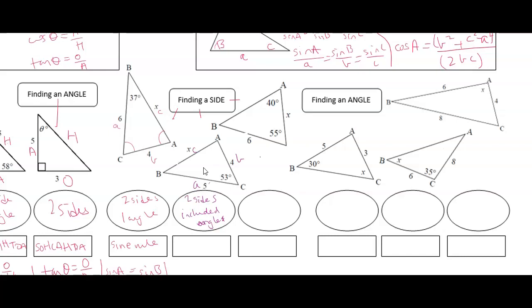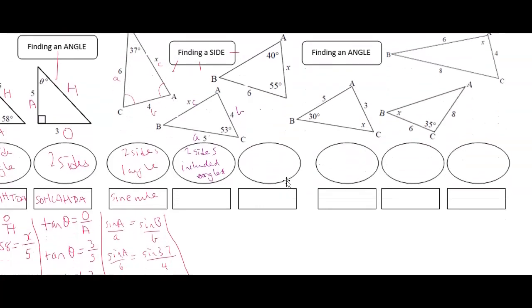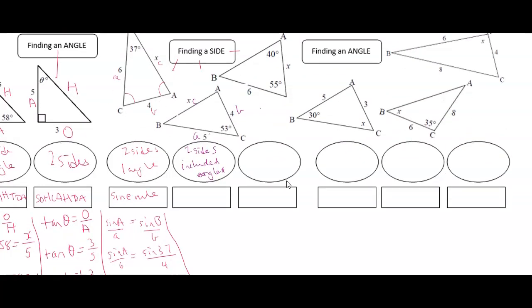Okay, so it didn't have an included angle because we didn't know this side here at C, but here the two sides adjacent to the angle we know, so we call that an included angle, and it just means that we can use the cosine rule. Okay, so I'll write down the cosine rule.